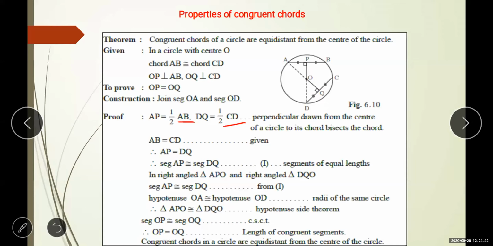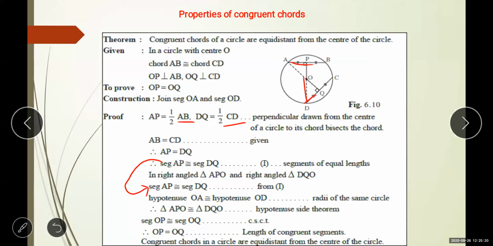That means their opposite sides are the hypotenuse, or we can say them as radii. It is not necessary to mention them as hypotenuse, but as we are showing this is perpendicular, we mention them as hypotenuse. So hypotenuse OA is congruent to OD. And AP, we already proved that, so AP is congruent to DQ.